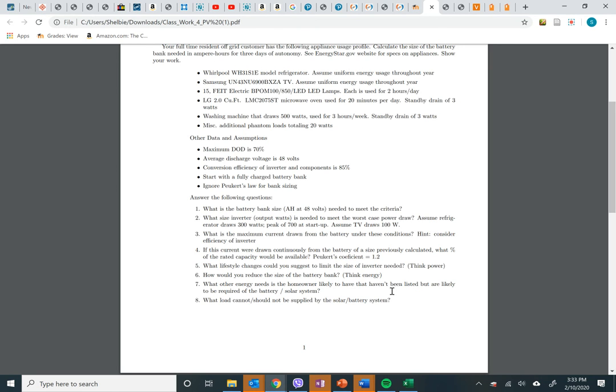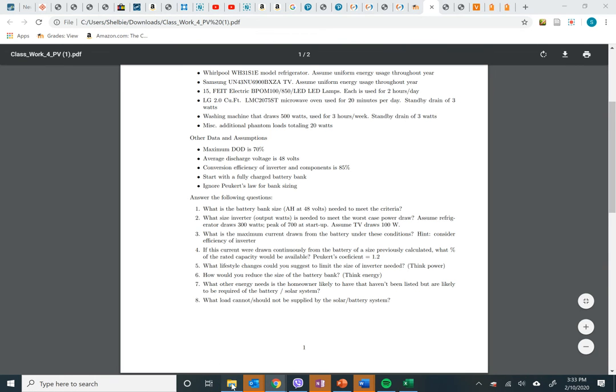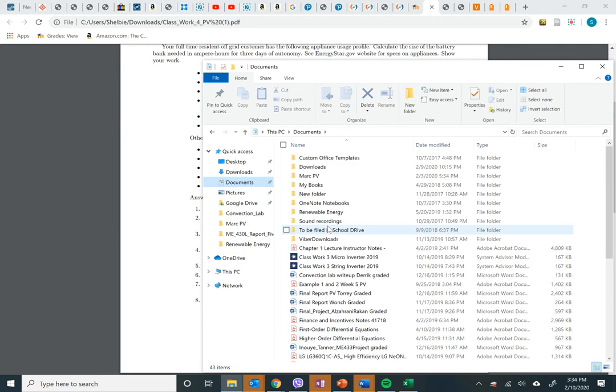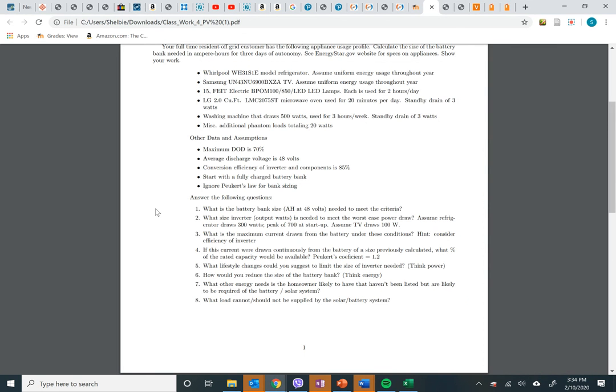Wait, before you do that, let me check. 20 watts. And do we need to use the watt surge column at all? You shouldn't have any surge.